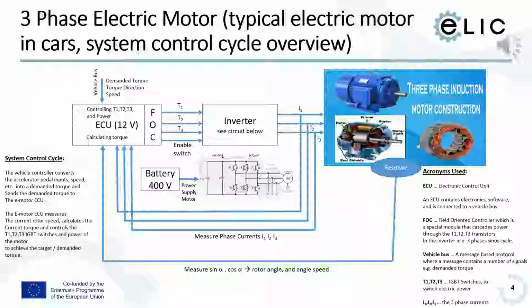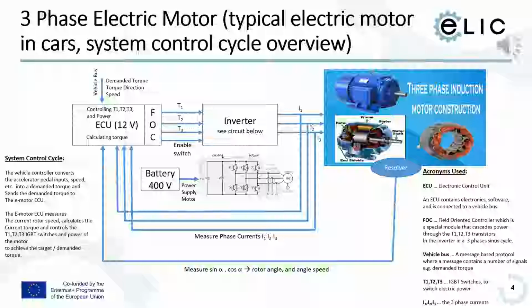It reads the current speed and rotation of the motor. It reads also the rotor angle position from the resolver, which is actually here the sensors, and calculates how to actuate T1, T2 and T3.